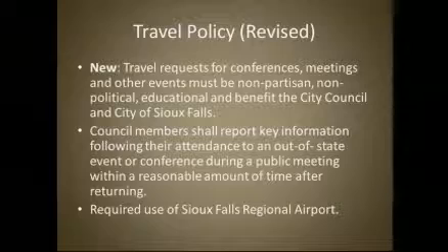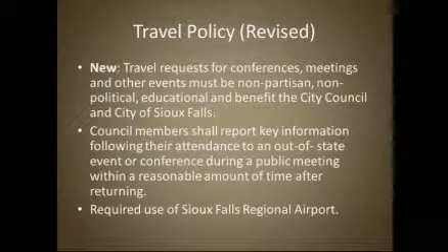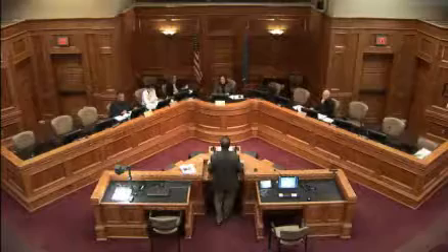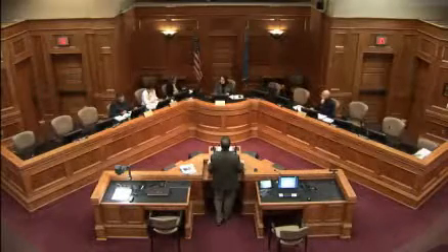Secondly, the council members shall report this key information following their attendance to an out-of-state event or conference during a public meeting, which will probably be the informational meeting, within a reasonable amount of time after returning. And also there was the added requirement that council and staff utilize the Sioux Falls Regional Airport for all their out-of-state travel. Any questions or comments on that?